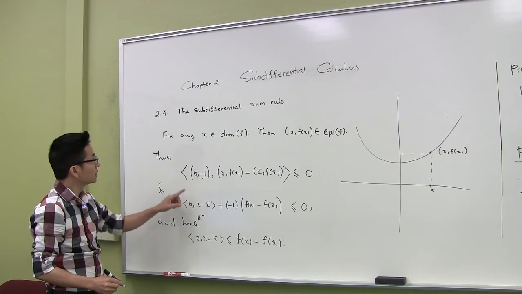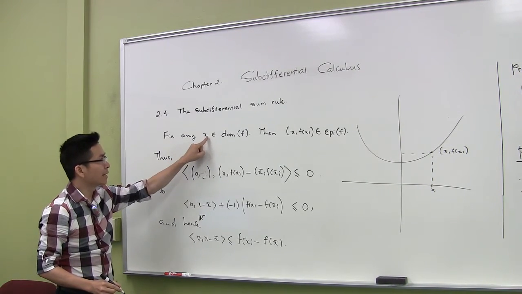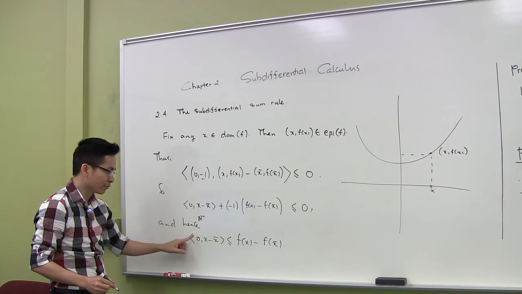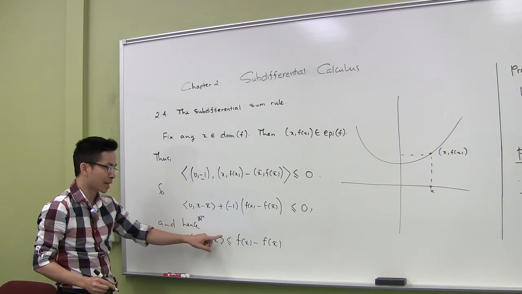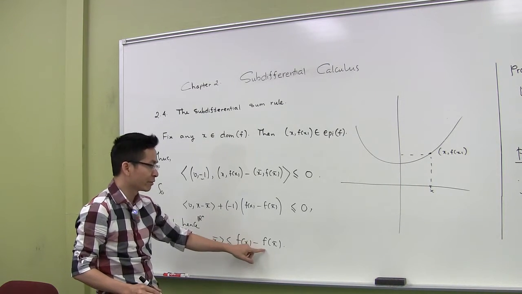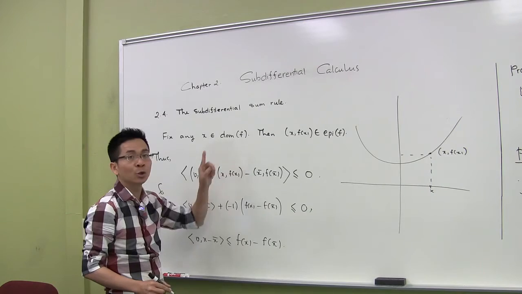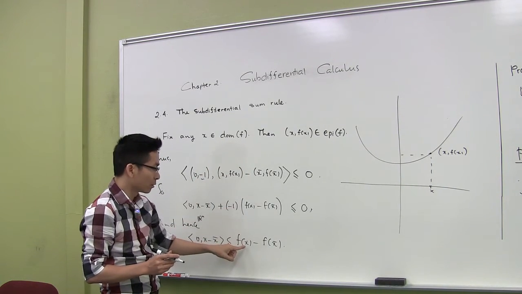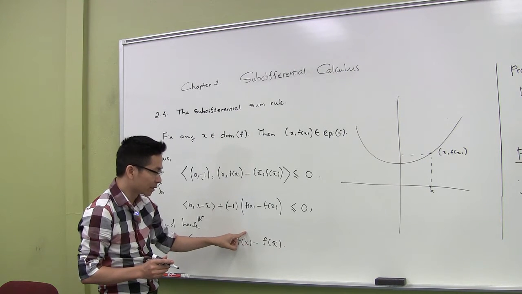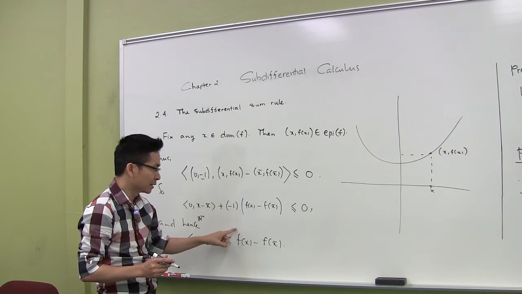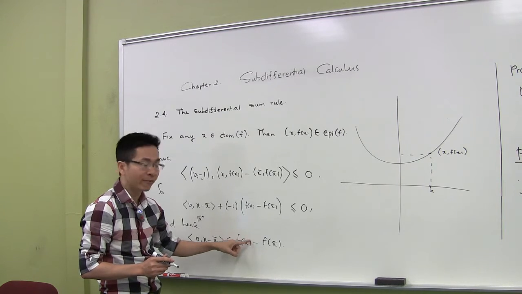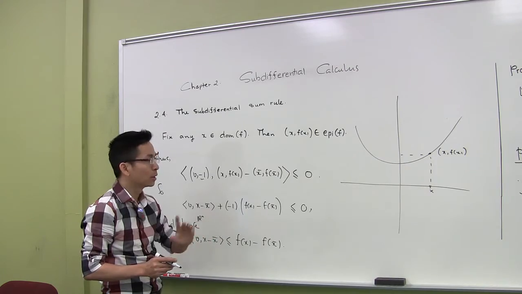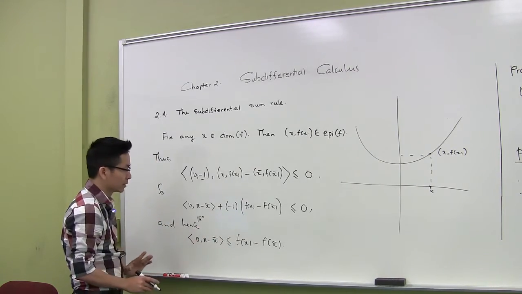Note that this is true for any x in the domain of the function. Observe that if x does not belong to the domain of the function, then f(x) here is infinity. Therefore, this inequality is always satisfied. So, after this observation, we have the following.